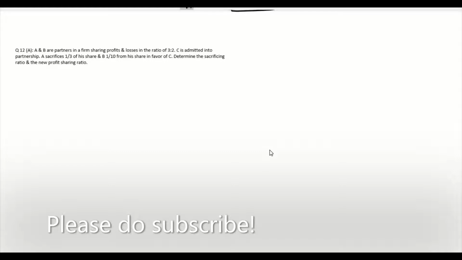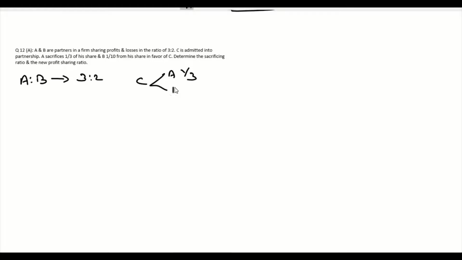Okay, so let's do this. So we have again two partners A and B. They have profit sharing ratio 3:2, and they admitted C, and A is giving 1/3 of his share and B is giving 1/10 of his share.